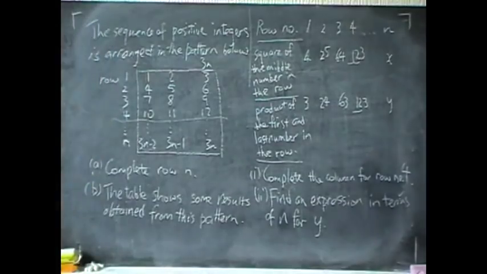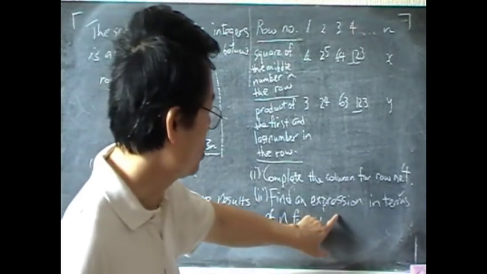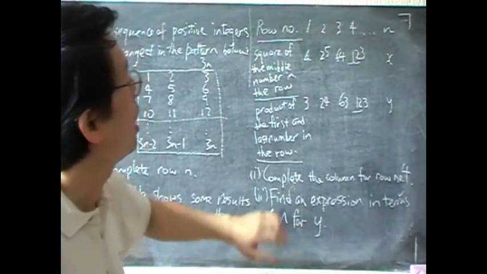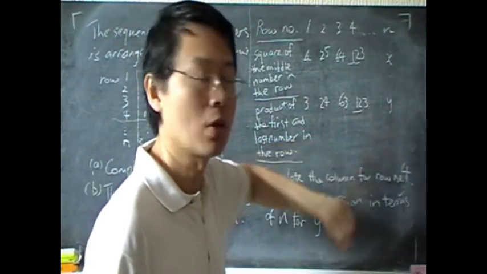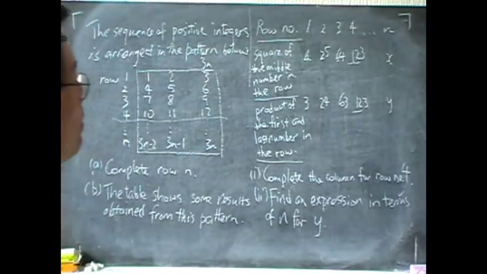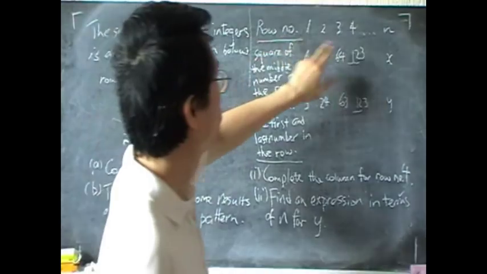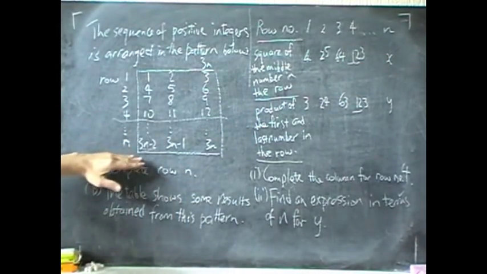In the next part 2, find an expression in terms of n for y. n is the row number. Right, so we are talking about row number n, which we already have.